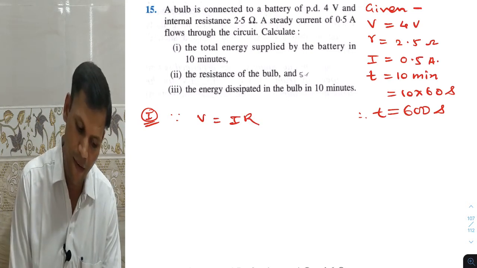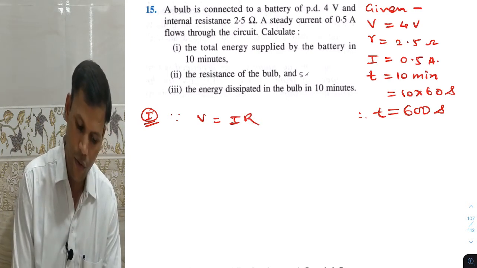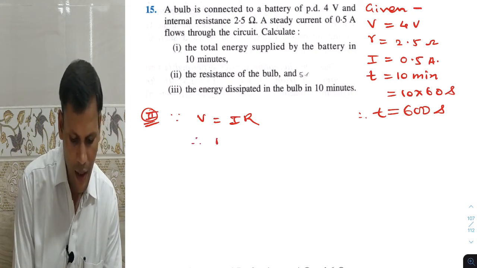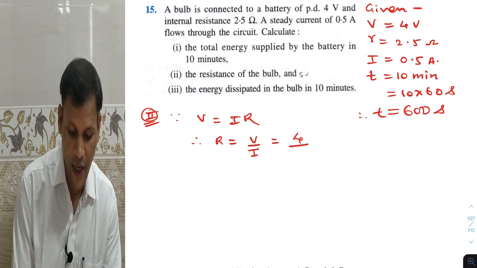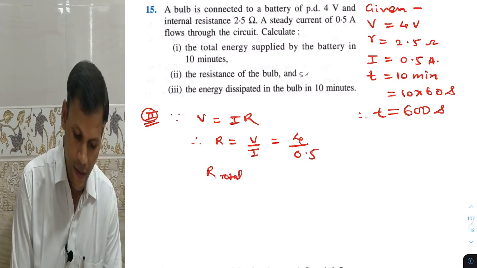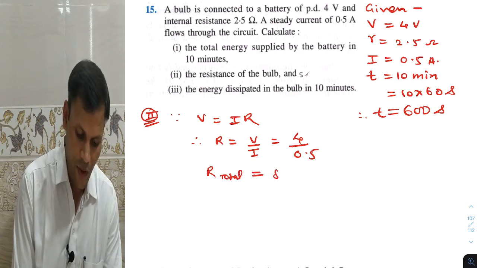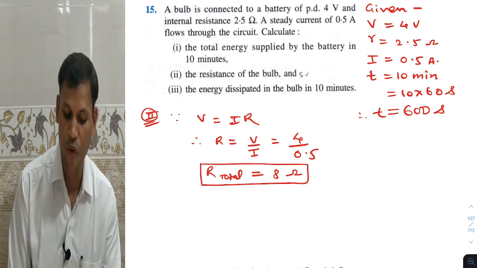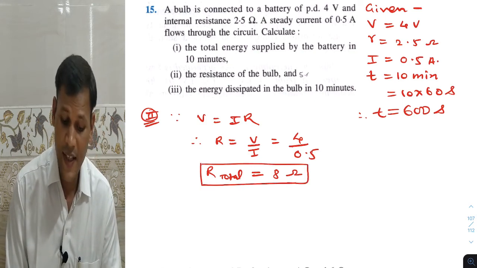Actually second part मैं पहले find out करूँगा, उसके बाद दूसरा कुछ. तो R will be V by I. V is given as 4, I is given as 0.5. So R total, I will say it is 8 ohm total resistance. So resistance of the bulb पूछा है, तो ये total resistance मिला.